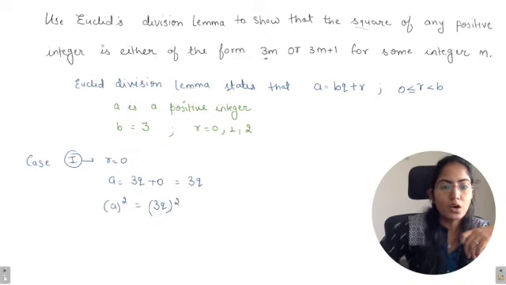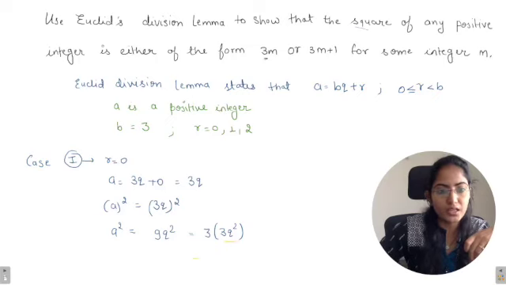Now according to the squaring, a square will be equal to 9q square, but I can write it in this form: 3 and in the bracket 3q square, and this becomes any constant k, or m.